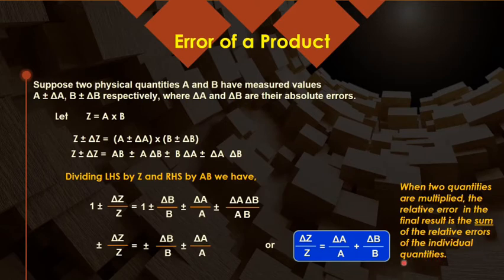This point is again to be noted: whenever I am finding the product, I get the result for the relative error in the given quantity. And of course, if I want to find the absolute error, I can multiply Z with this right hand side term. I will get the absolute error in the measurement of Z. That can be done by adding one more step, and you will be able to get the results numerically if required.